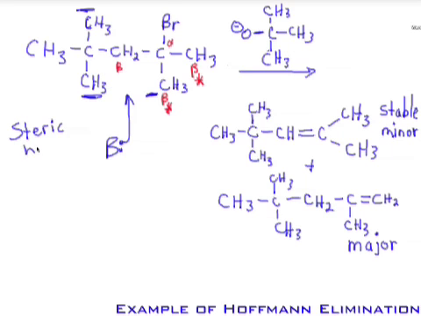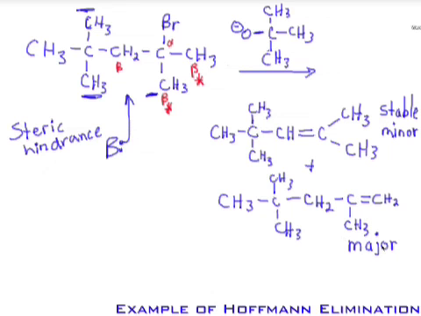Steric hindrance in these positions prevents the base from getting at those protons. And because they can't pull off the protons, you can't form the more stable alkene. It happens less often. Fewer base molecules get in there.